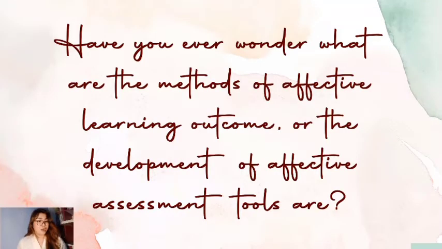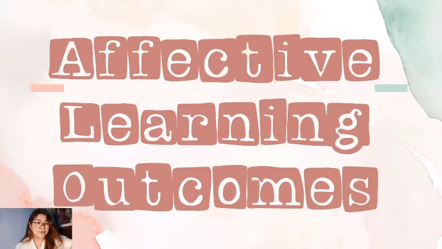Before we start, I wanted to ask you something. Have you ever wondered what the methods of assessing effective learning outcomes or the development of assessment tools are? We will talk about that later. But first, we will discuss the meaning of effective learning outcome.